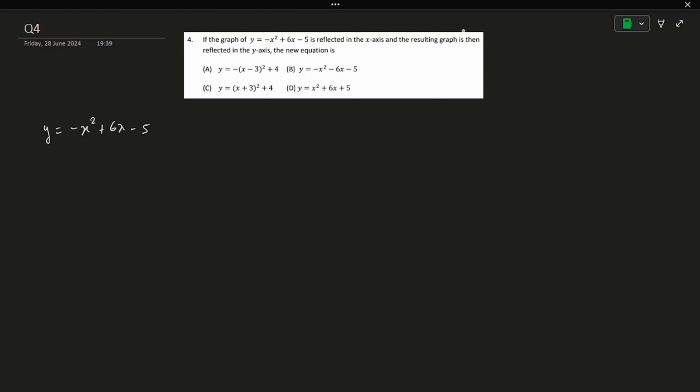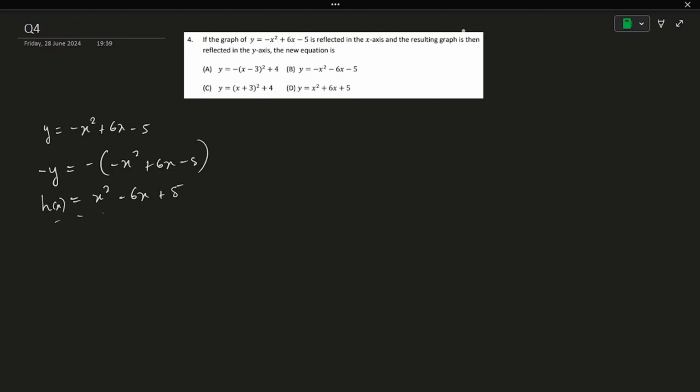So if we're reflecting about the x-axis, we put the negative to y. We're going to have negative y, which is the same as putting a negative into everything. So this is negative of negative x squared plus 6x minus 5, and h of x becomes x squared minus 6x plus 5.